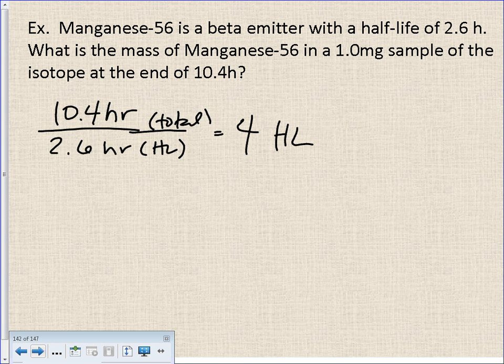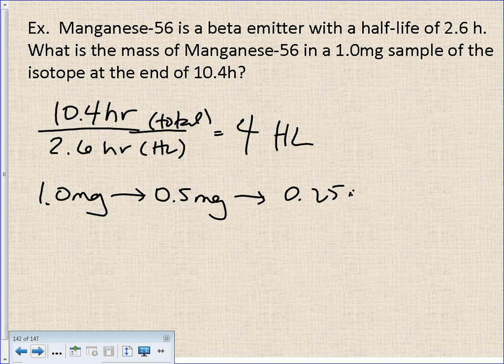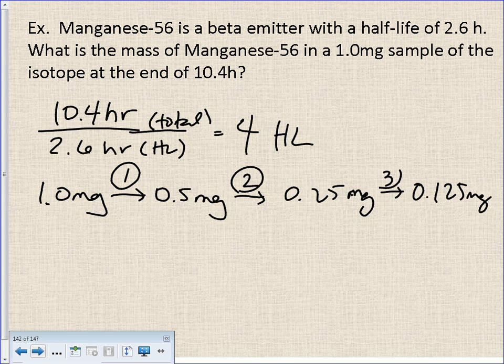What do I start with now then? I have a 1 milligram sample, and that's before the decay occurs. After the first half-life, how much do I have? 0.5 milligrams. After the next half-life? 0.25 milligrams. Next one, 0.125 milligrams. How many half-lives have passed so far? 3, right? Here's the first half-life that passed, the second, the third.